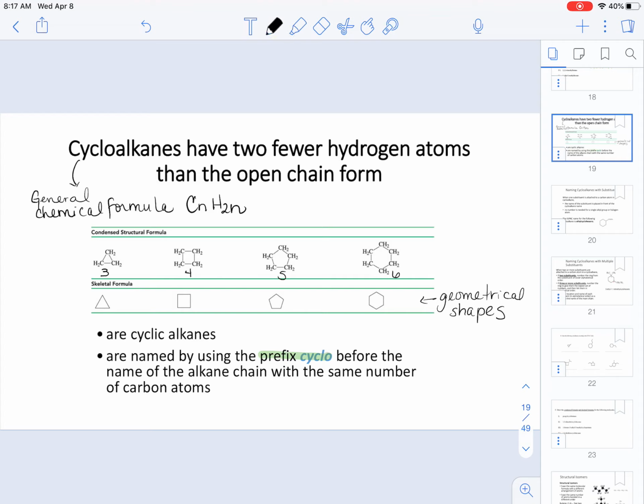So, if we deal with the one that has 3 carbons, that's going to be cyclopropane. The one that has 4 carbons is going to be cyclobutane. The one that has 5 carbons is cyclopentane. And the one that has 6 carbons is going to be cyclohexane.